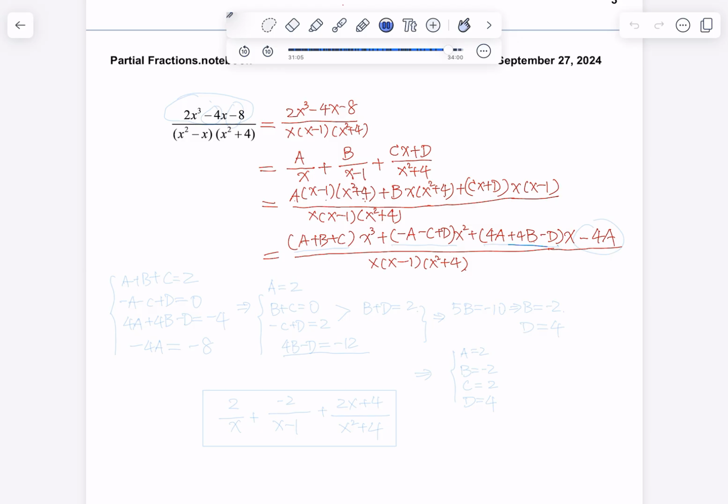Now we can compare the coefficients we just had with the coefficients of the original rational function's numerator.